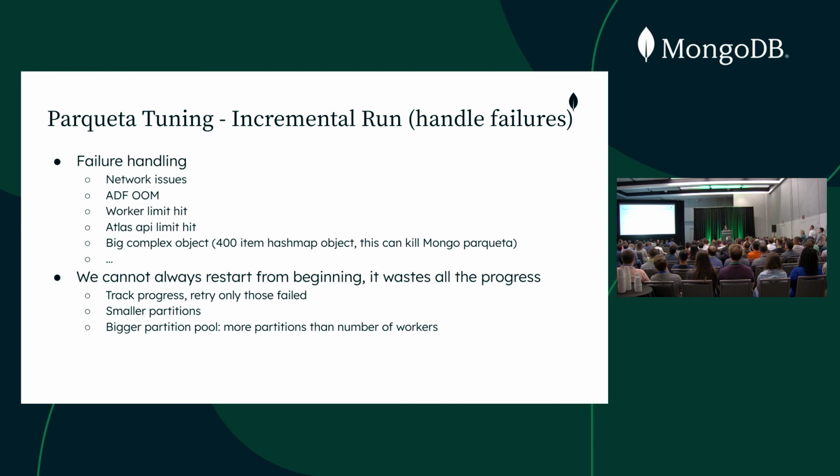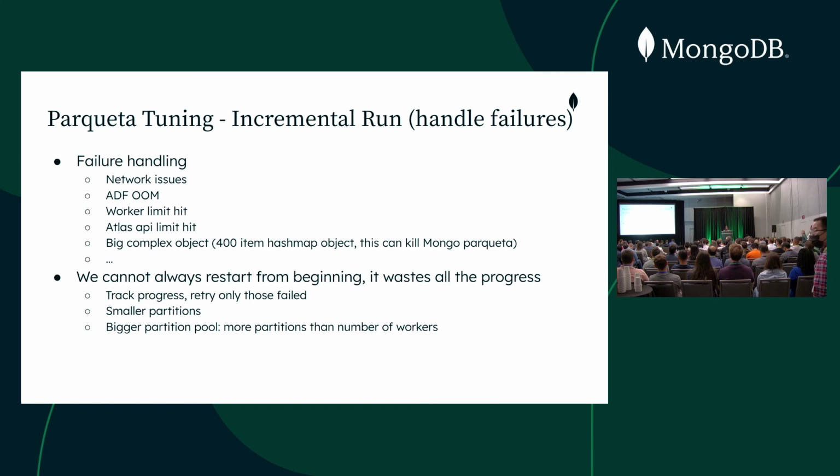I think the failure is okay, but the most important thing is when failure happens, we shouldn't always restart from the beginning. If you restart from the beginning, all the progress will be wasted, and you will double or triple the whole running time. So what we did is we divided the partitions into even smaller pieces, and we have more partitions than the number of workers, so that each worker can have multiple units of work to do.